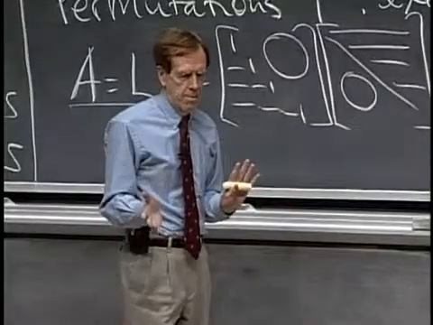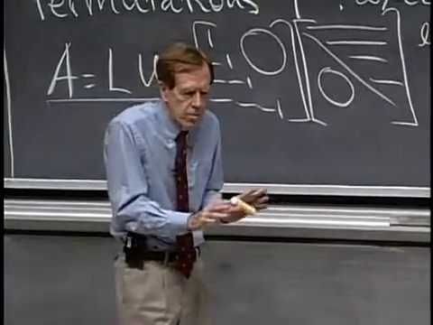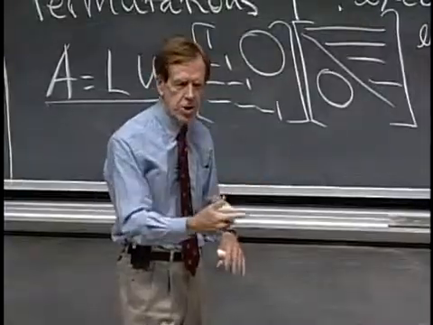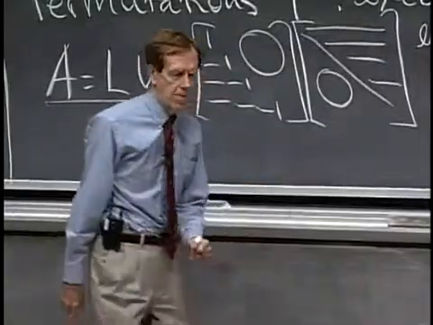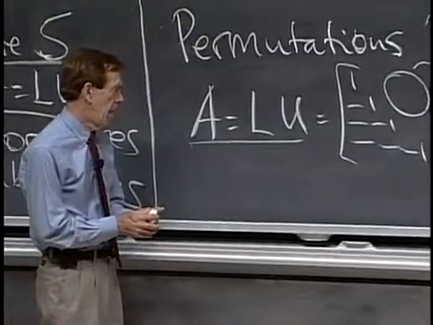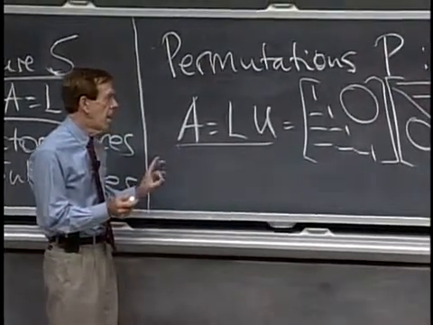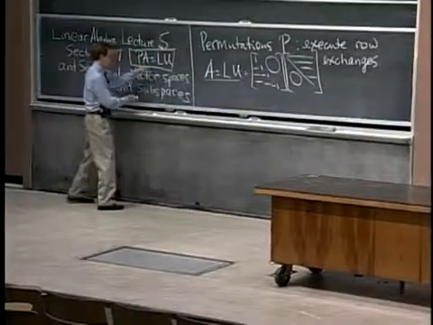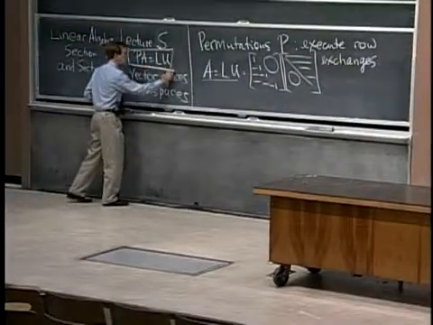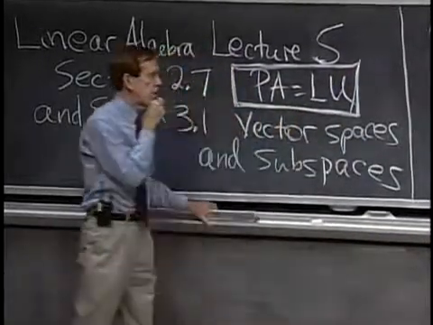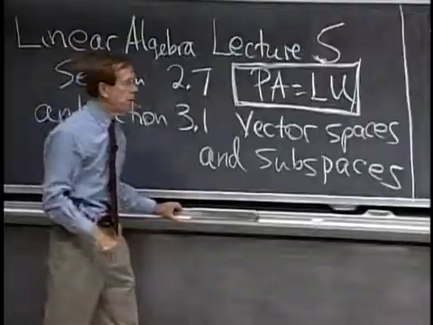Well, we're doing algebra. So here we will say, well, what do row exchanges do? But we won't do them unless we have to. But we may have to. And then the result is, it's the main fact. This is the description of elimination with row exchanges.